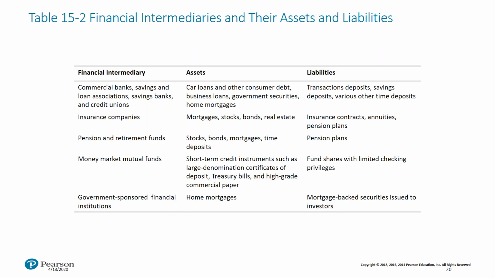Now refer to this table, which shows the financial intermediaries and their assets and liabilities. For commercial banks, savings and loan associations, savings banks and credit unions, the assets are car loans, consumer debt, business loans, government securities, home mortgages, and the liabilities are transaction deposits, savings deposits, and various other time deposits.